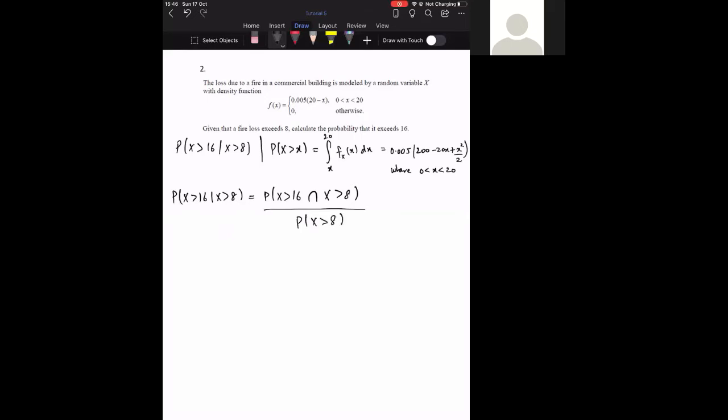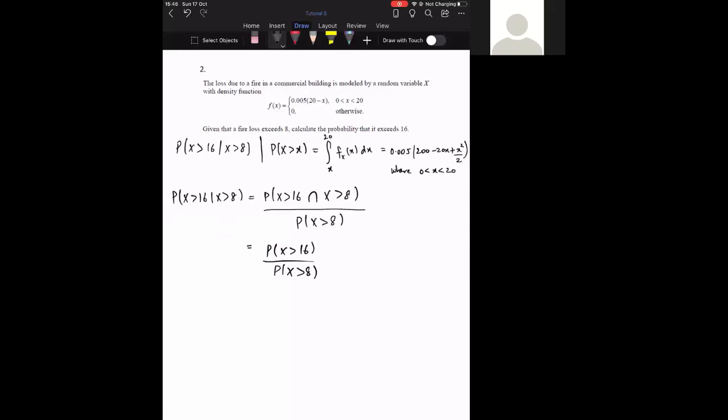Note that the intersection of the probability that x is greater than 16 and x is greater than 8 is just x is greater than 16. If we're given that x is greater than 16 and we want to find the intersection with x greater than 8, the intersection will only lie in the values which are greater than 16 for x. So this will just simplify to the following fraction: the probability that x is greater than 16 divided by the probability that x is greater than 8.